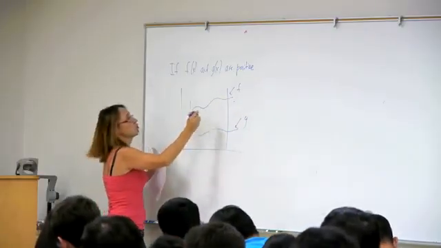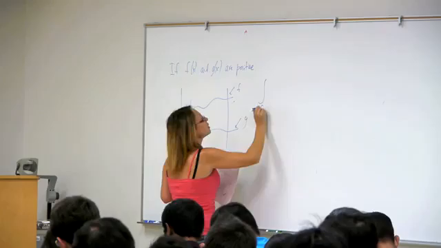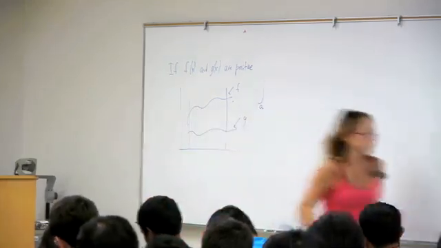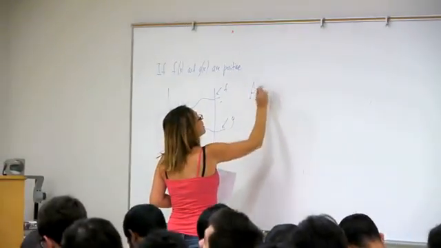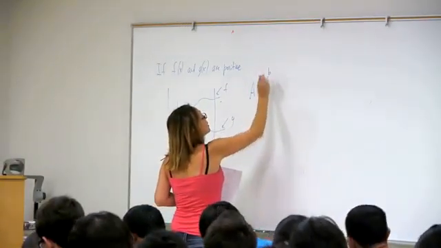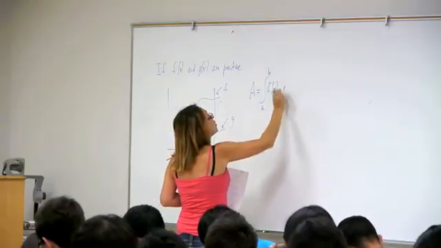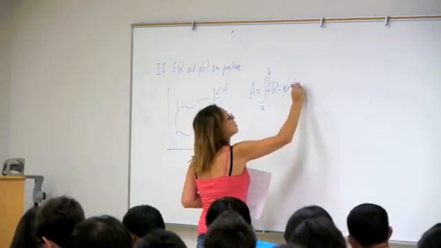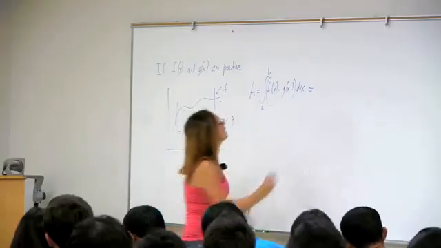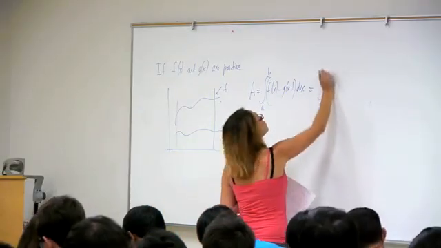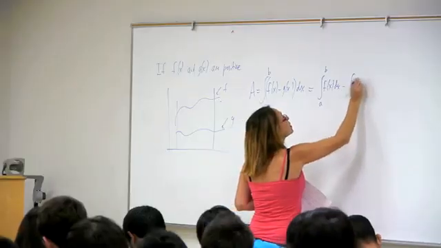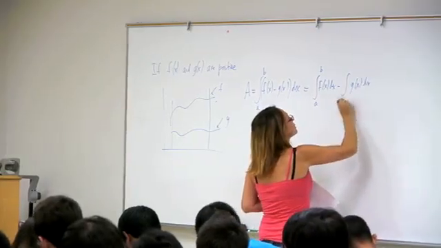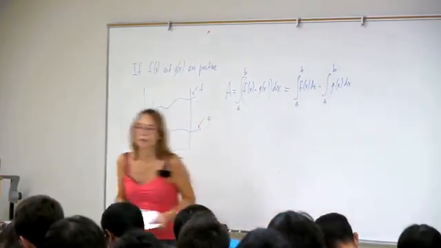Okay, so, and we have the area by my theorem. The area is an integral between a and b of f minus g, right? So this is what I just wrote. I'm going to rewrite it like this by using the rules of integrals. The integral of f of x minus the integral of g of x. And consider each of them separately.